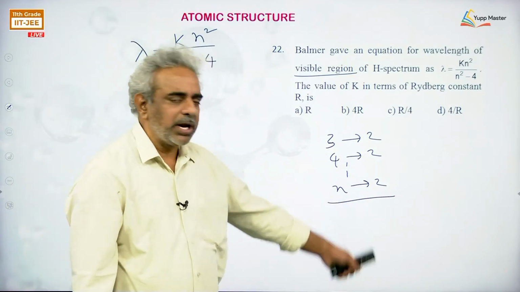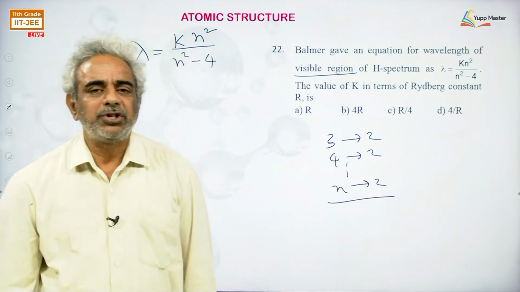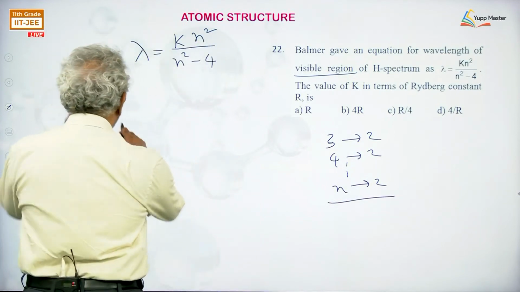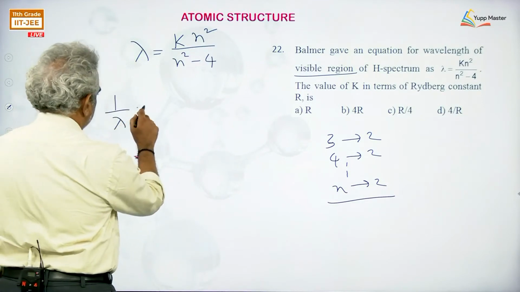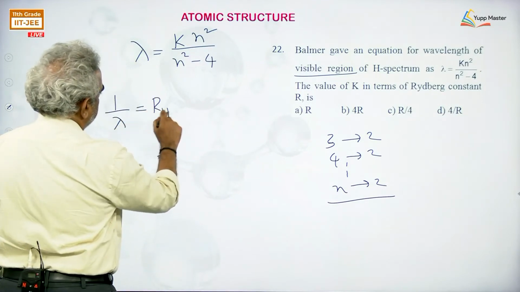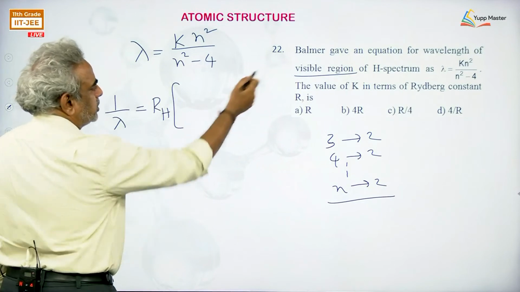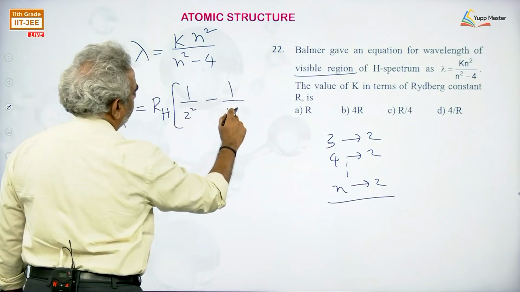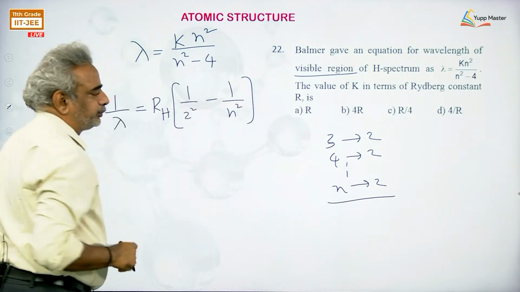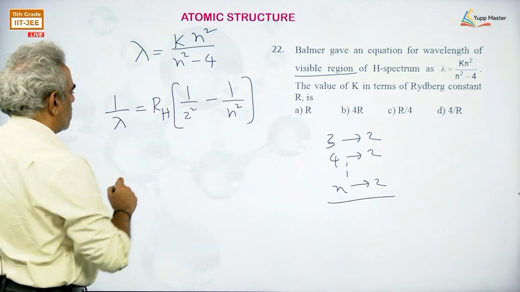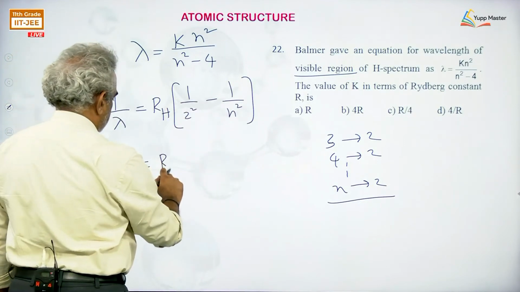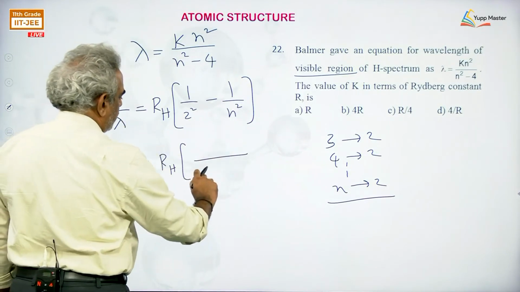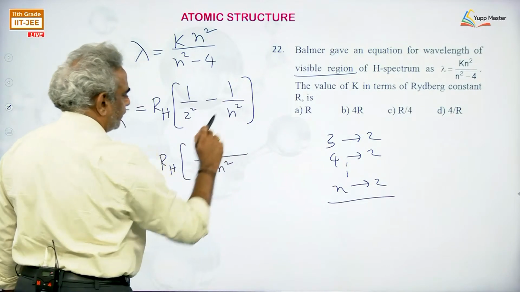Using Rydberg equation, 1 by lambda is equal to RH into, visible region, 1 by 2 square minus 1 by n square. So, RH into, what is the LCM here? 4n square.